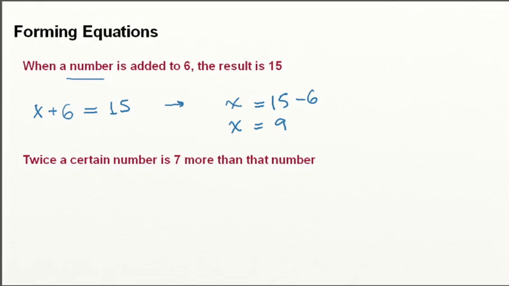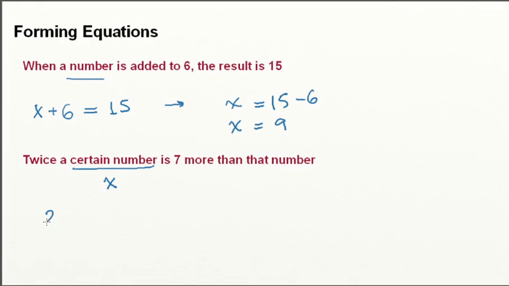So take a look at the second example here. Twice a certain number is 7 more than that number. So again, certain number, we will use a variable. That's our unknown. That's what we want to find.